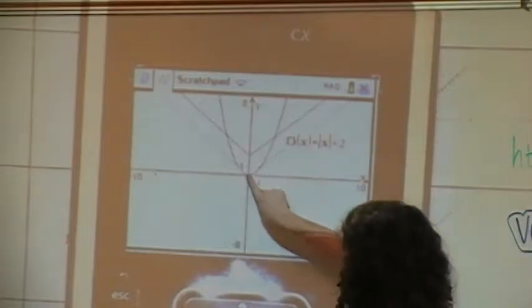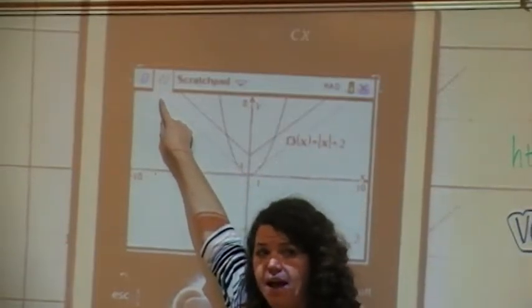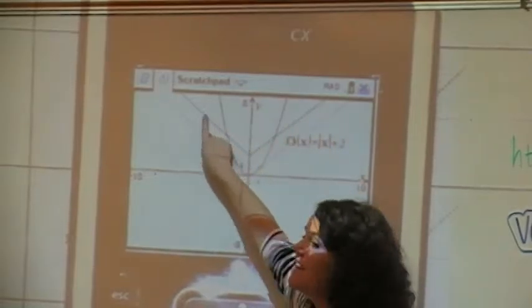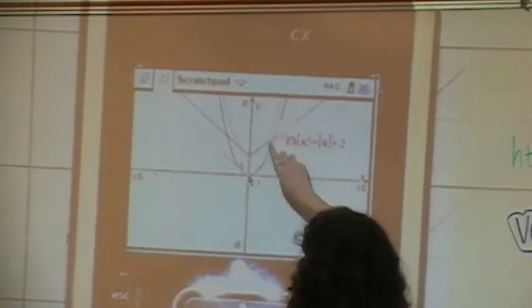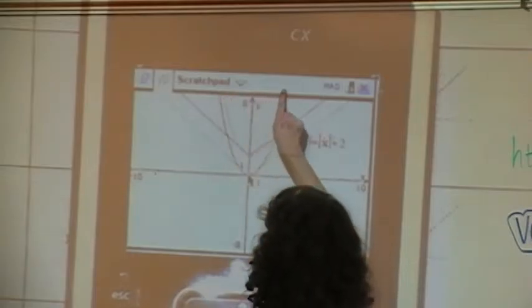So the blue is my parent, the absolute value of X. The black is the absolute value of X plus 2. I'm going to check the quadratic and see what happens. Hit tab. I'm going to do X squared plus 2. Hit enter. It comes up in pinkish purple. So the red was my original and the magenta is my new.